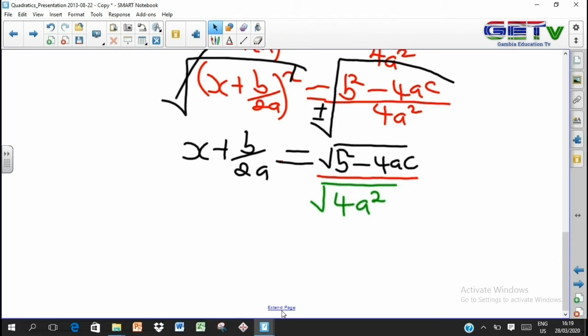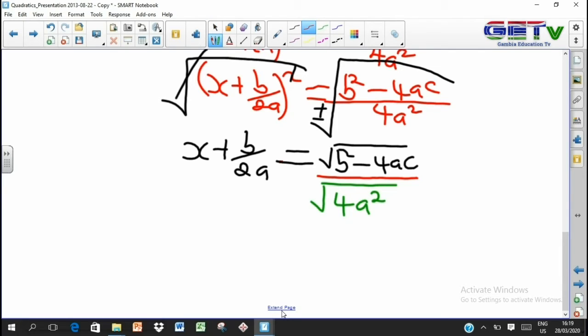Now you realize that what did I do in the right hand side of the equation? I have shown you that these two are now separated, and we are going to do something here. For the numerator, there is an operation combining the two terms, but for the denominator there is nothing like that, which we can further simplify.